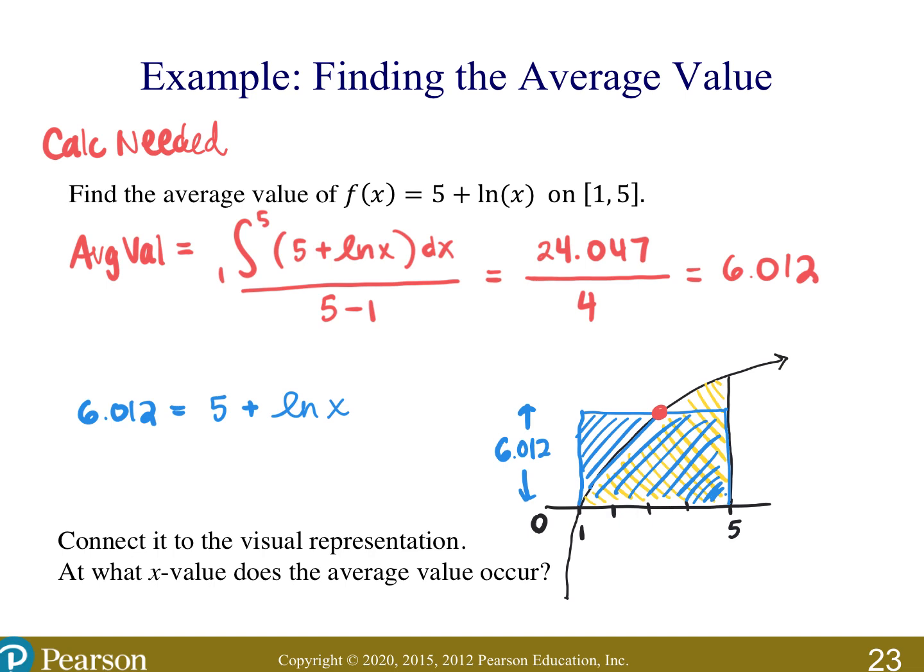So use all the decimals you have. Don't just round it when you're solving it, because if you would have rounded back at 24.047 and divided, you would not have gotten 6.012. You would have gotten 6.011, which is slightly off. And then if you take your 6.011 and you solve it the rest of the way, you're going to be off again. So keep all the digits in your calculators as long as you can.